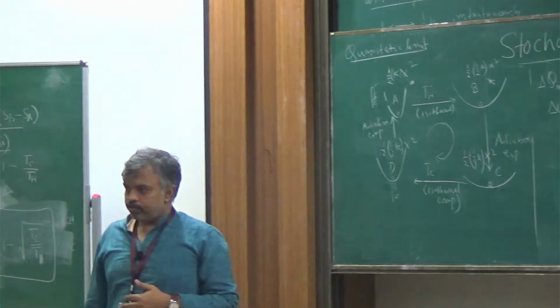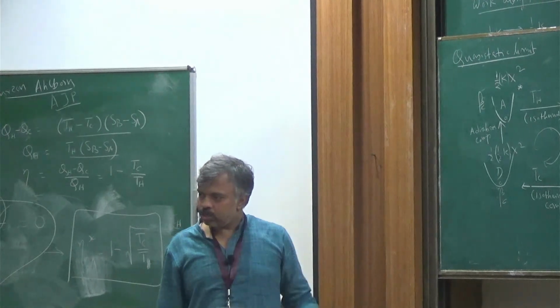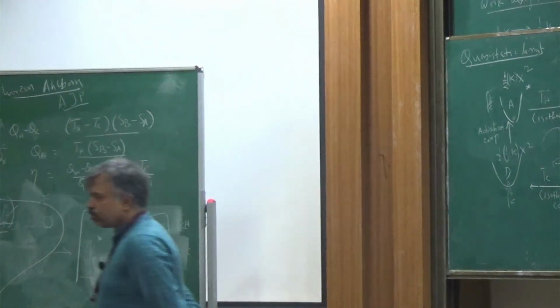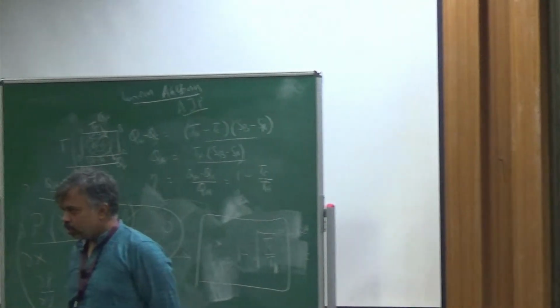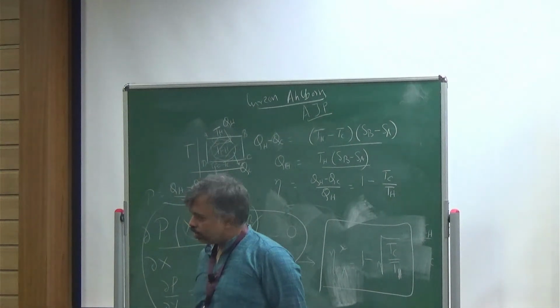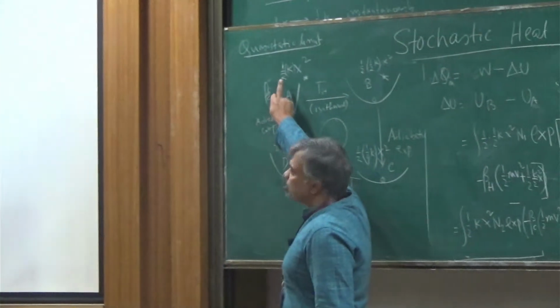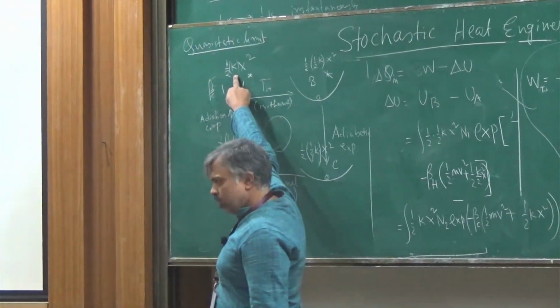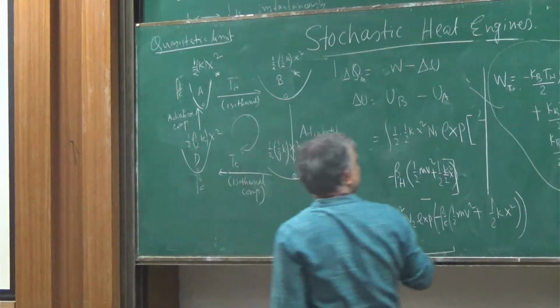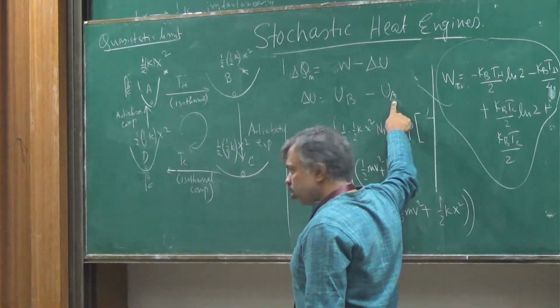Because UB minus UA, that's why I got UB minus UA. The state of A is you have K and TH. That is the state of A, right? That's how we define the A state. Yes, it is fine. But then you calculate UB minus UA. So the question is, what is the distribution here?